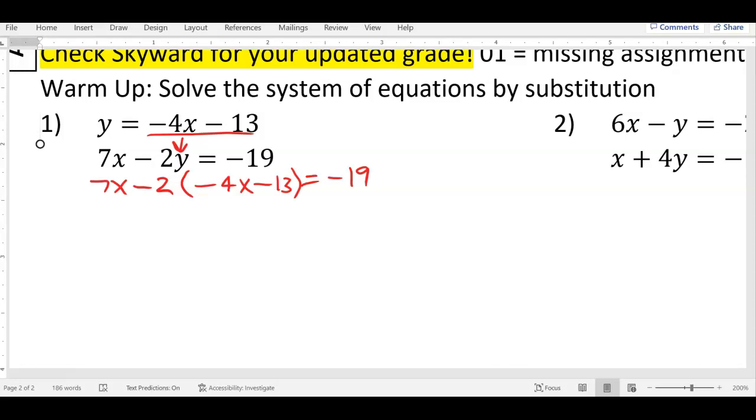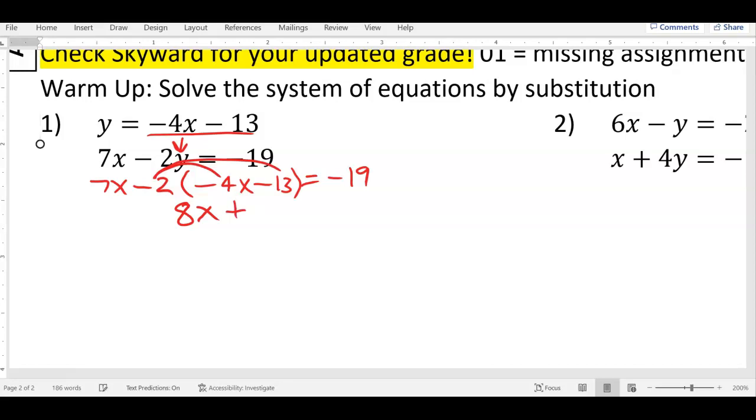So to get this simplified, negative 2 times negative 4x is what? 8x. Very good. Okay, so negative 2 times negative 4x is 8x. And then the negative 2 times the negative 13 is positive 26, right?